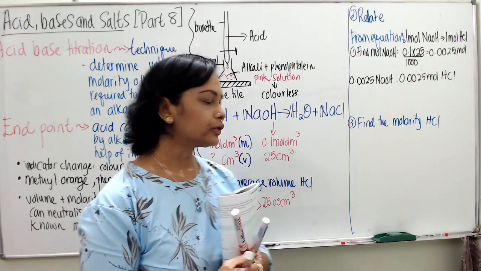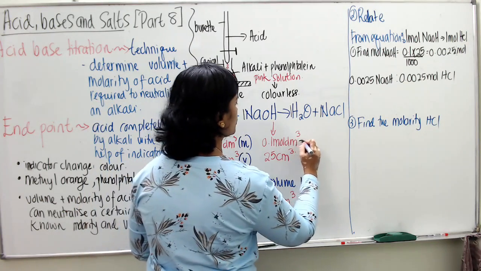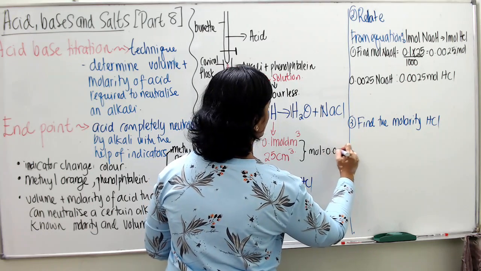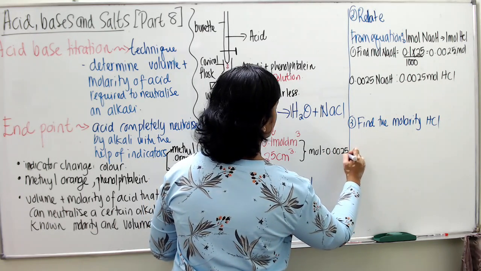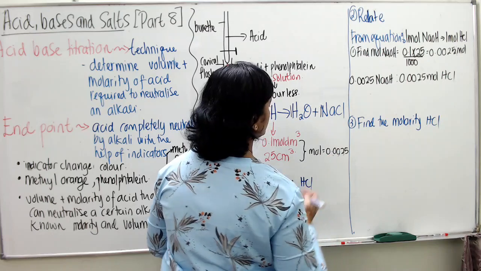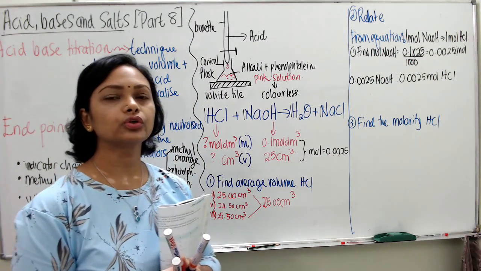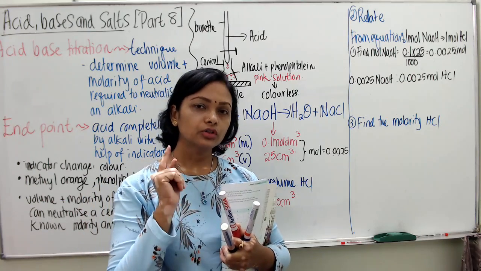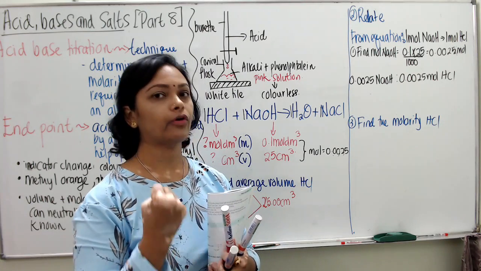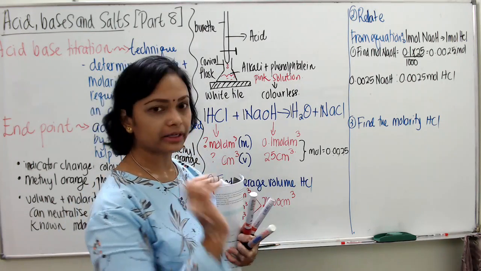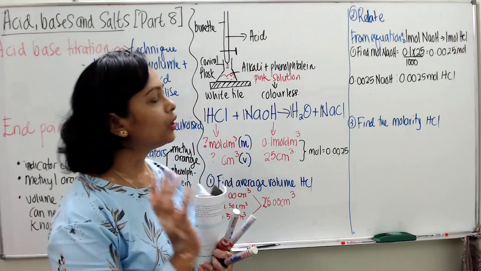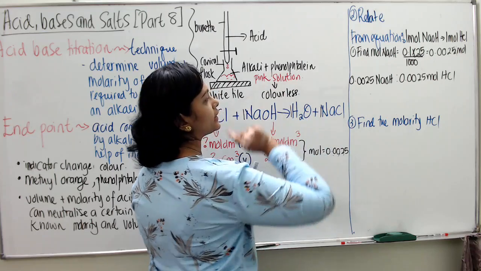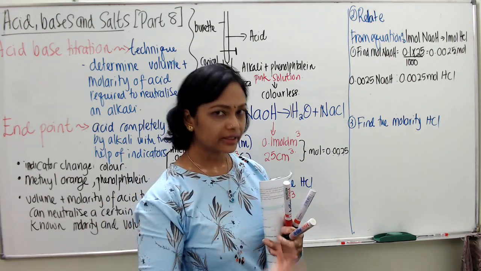But before that you have to find how much mole, so you get 0.0025 mole. That's why you have to get the mole of sodium hydroxide before that. Make sure you calculate it and keep it handy, so that your relating process will be easier.